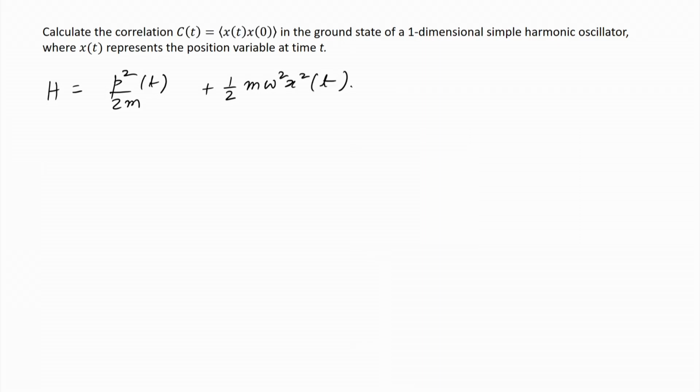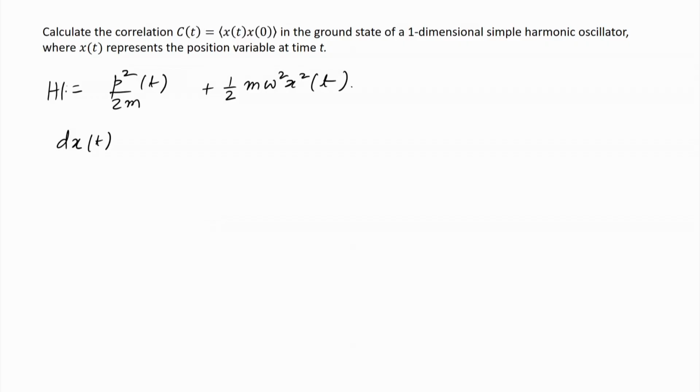So, we can write down the Heisenberg equation of motion for each one of the position and the momentum variables, whose solution will be x of t. That is the only way to get x of t. So, we write down the Hamiltonian, which is of course a function of time, with p squared, where p is a function of time, and x squared, where x is a function of time.